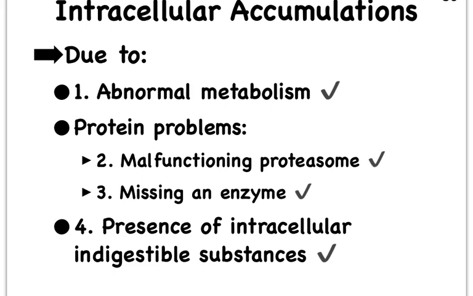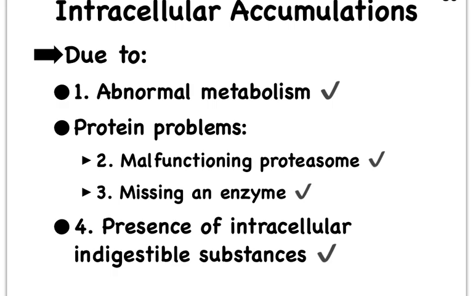So we learned how at times, because of abnormal metabolism, we might see that water accumulates or that neutral fats called triglycerides accumulate. There might be an accumulation of glycogen. As a matter of fact, the accumulation of glycogen might also be due to a protein problem because a person might have a genetic condition where they can't make the enzyme to break down glycogen into glucose.